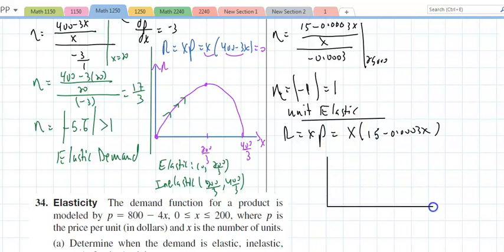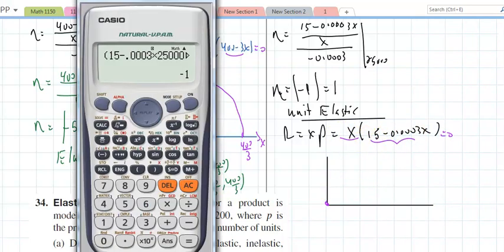We're always talking about positive. If I set this equal to 0, that will be 0 right there. And where would this equal 0? I'll get my calculator out and take x equal, if you solve this, 15 divided by 0.0003. 50,000.